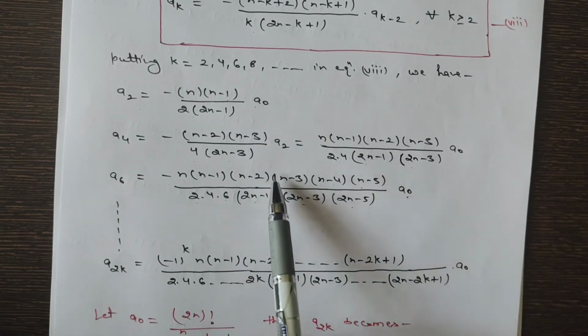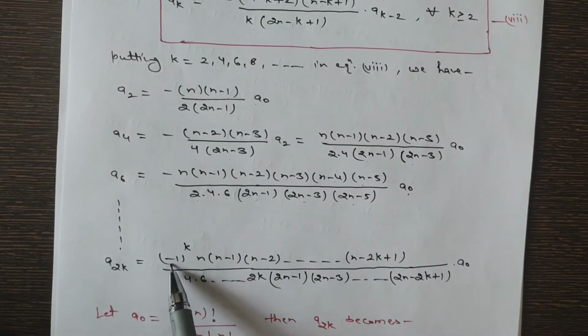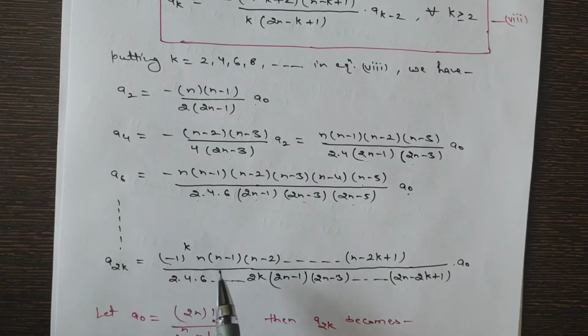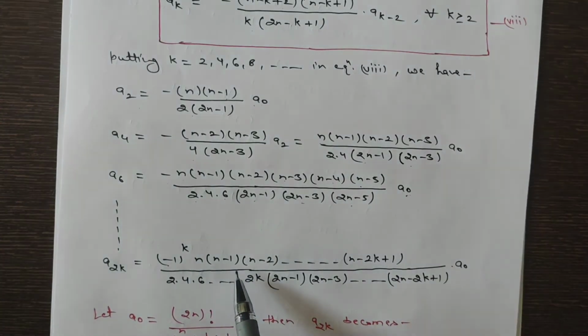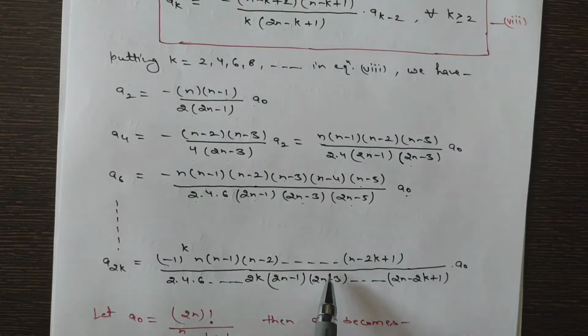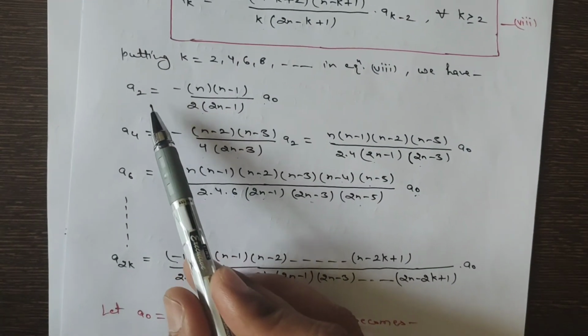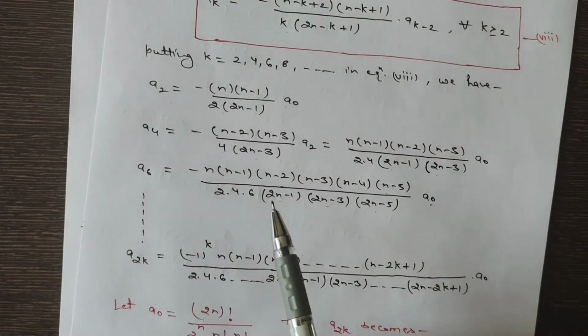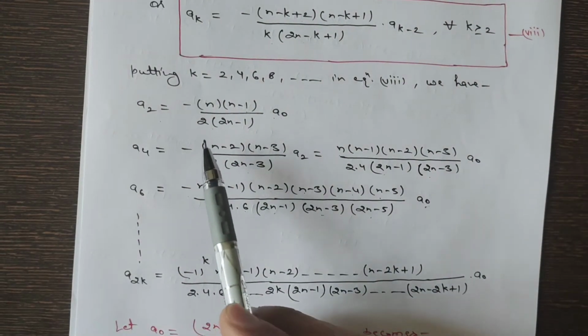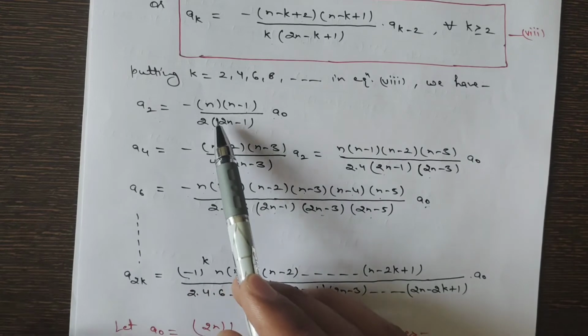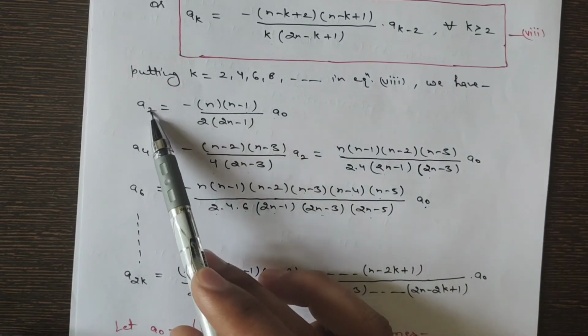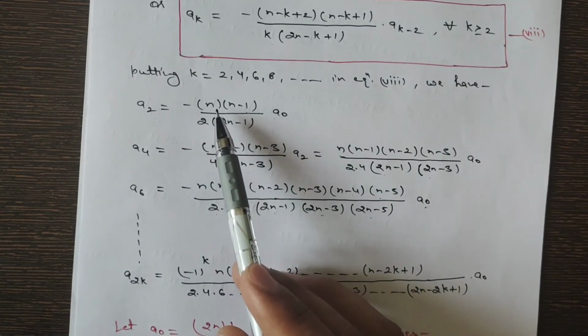And on the basis of these values I can write a2k as minus 1 raised to power k, n into (n minus 1), (n minus 2) up to what? Look at this term: a2 has in the numerator n into (n minus 1).